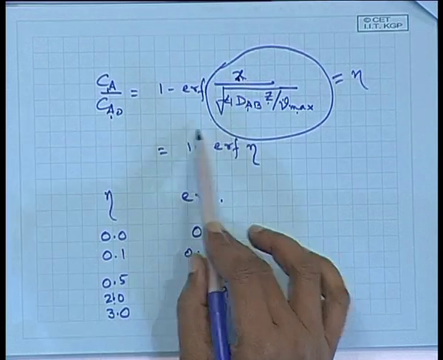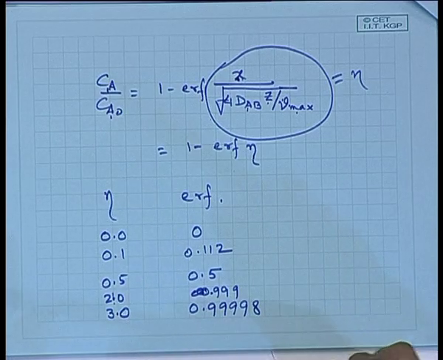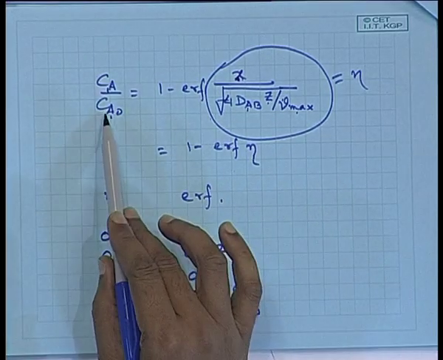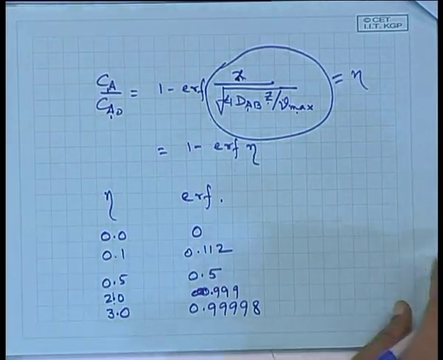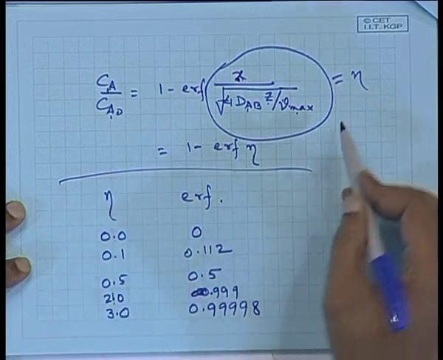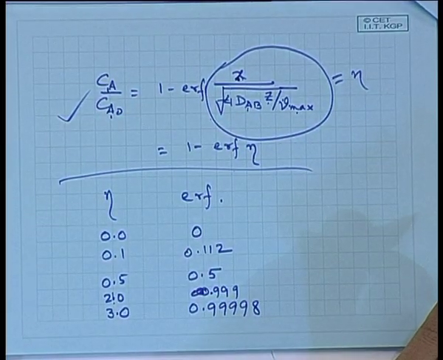That is the beauty of error function: after a value of 3 it remains almost unchanged, almost 1. It gives you an idea of the penetration depth of A molecules in the liquid. Once this form is evaluated, you can do some more exercises.